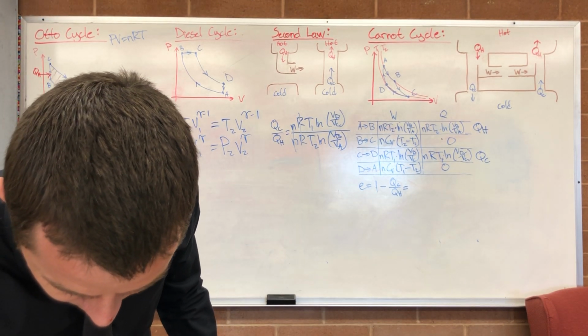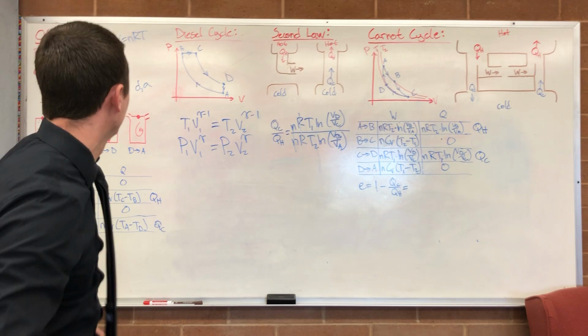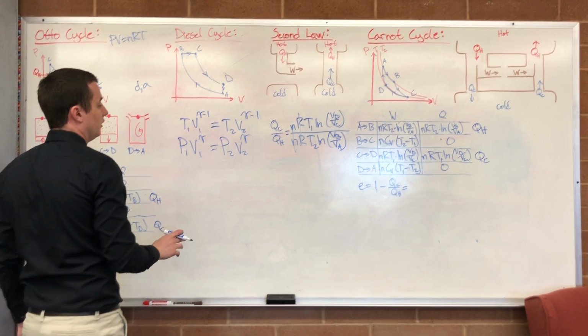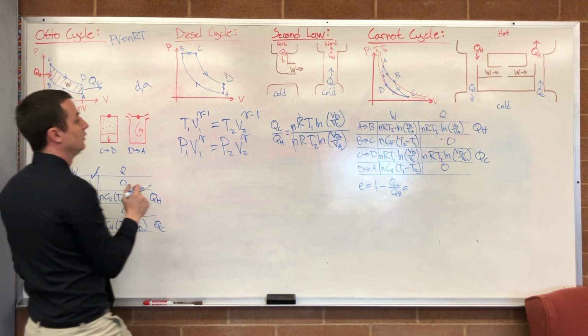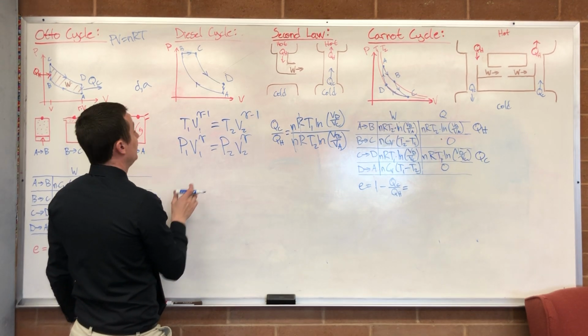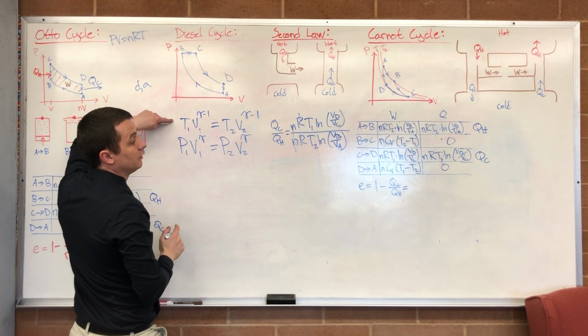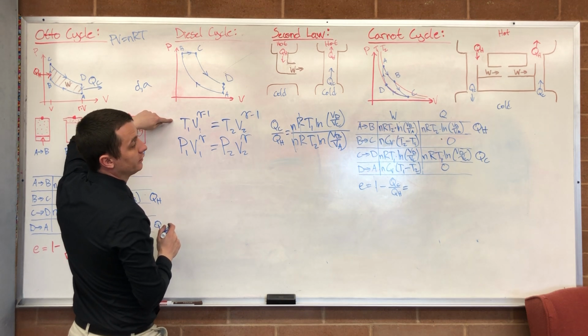Maybe it doesn't matter. They both have a warning, so I don't know that matters. We'll use this one, because why not? Okay, so using the top one, and we were talking about B to C, right?